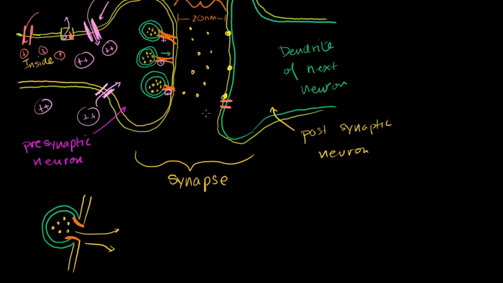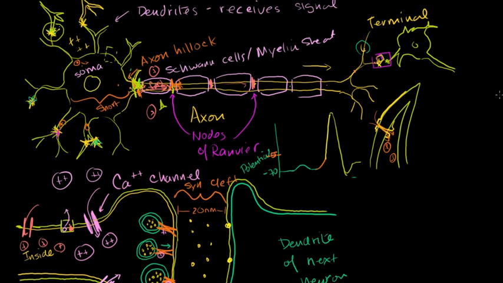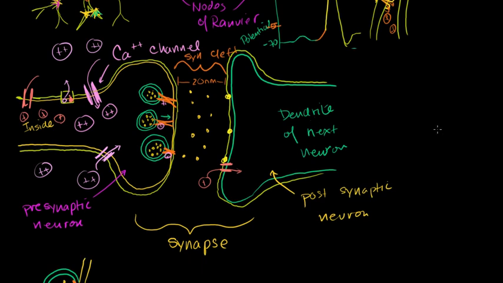This will cause a sodium channel to open up, and then sodium will flow in. And then, just like we said before, if we go to the original one, this getting excited will become a little bit positive, and then if it's enough positive, it'll electrotonically increase the potential at this point on the axon hillock, and then we'll have another neuron, in this case this neuron, being stimulated. So that's essentially how it happens.